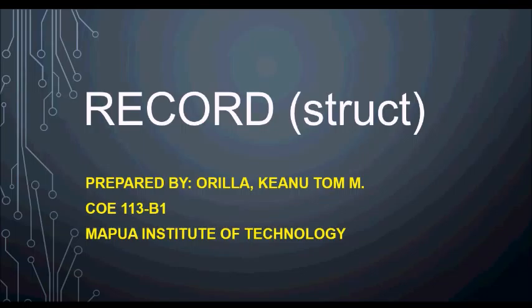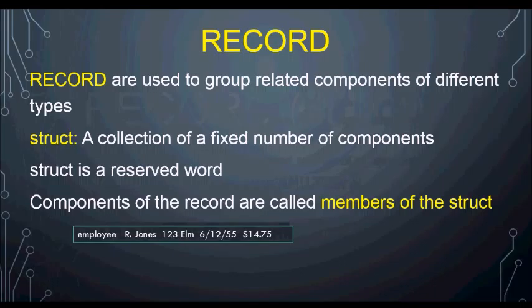Welcome to my tutorial. I'm going to discuss records or structs in C++. Records are used to group related components of different types. Records are like arrays, but we all know that arrays can also be used to group related information, but only for the same types.